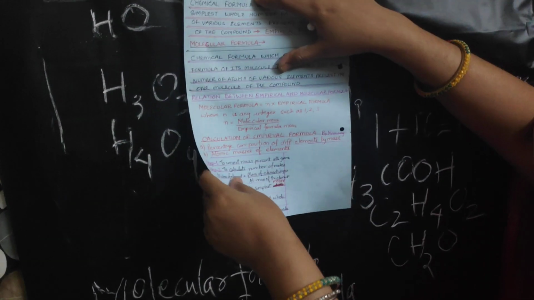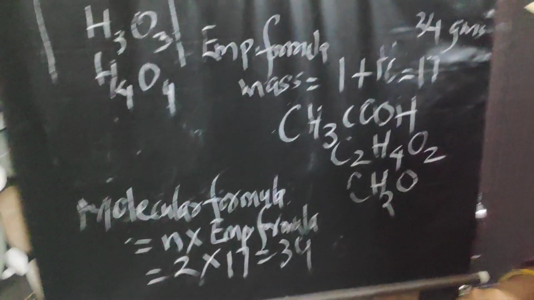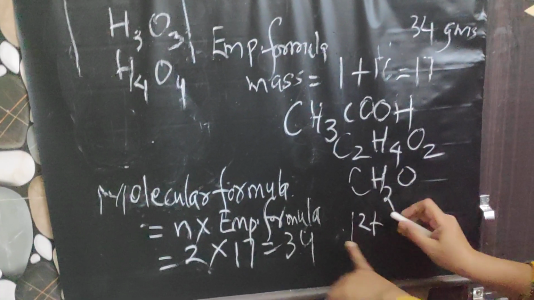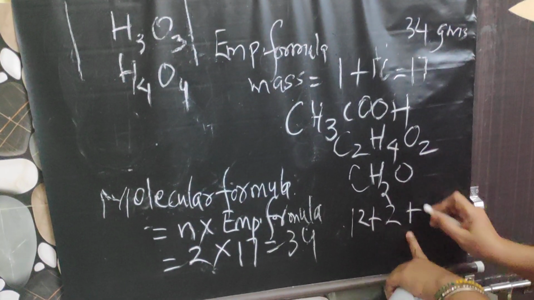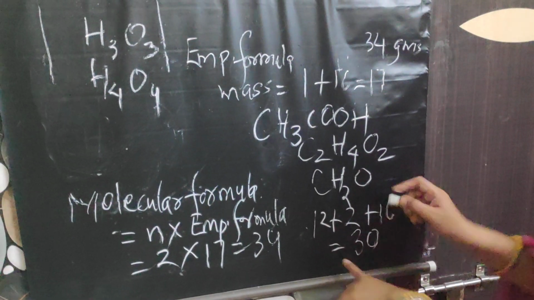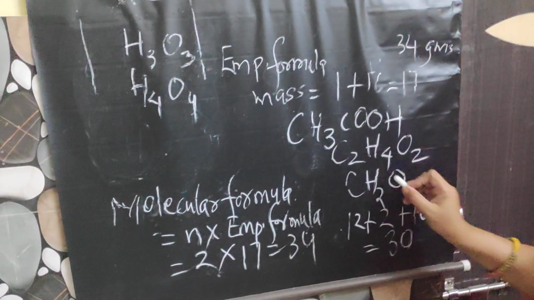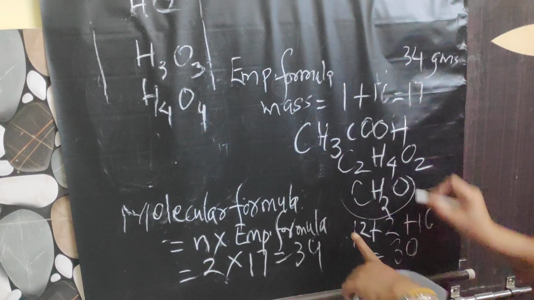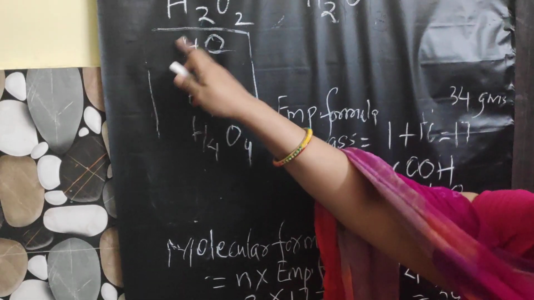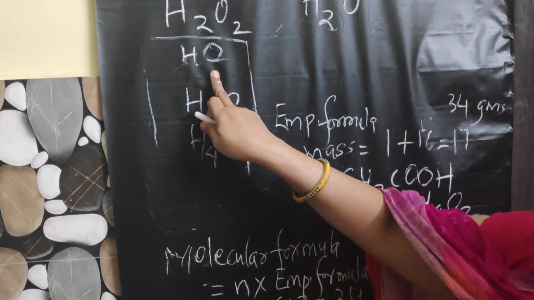Like the empirical formula mass here: C is 12, H is 2, oxygen is 16. So this will be 14, 16, 30. So the empirical formula mass for acetic acid, CH2O, is 30. For HO, 17 is the empirical formula mass.